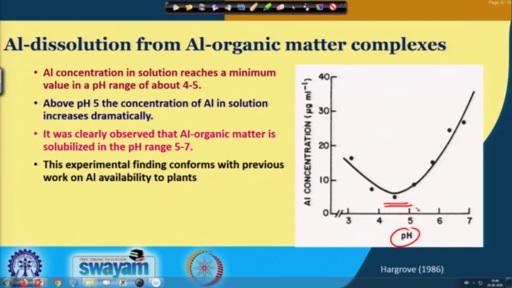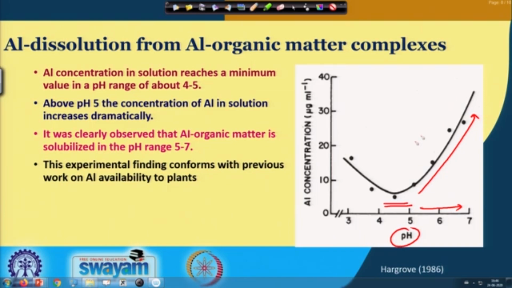Now, above this pH 5, the concentration of the aluminum in solution increases dramatically. As you can see, it is increasing with a steep slope, and it is clearly observed that aluminum organic matter is solubilized in the pH range of 5 to 7.